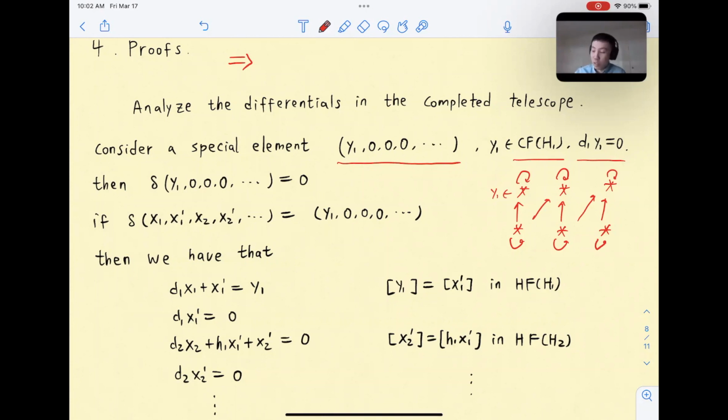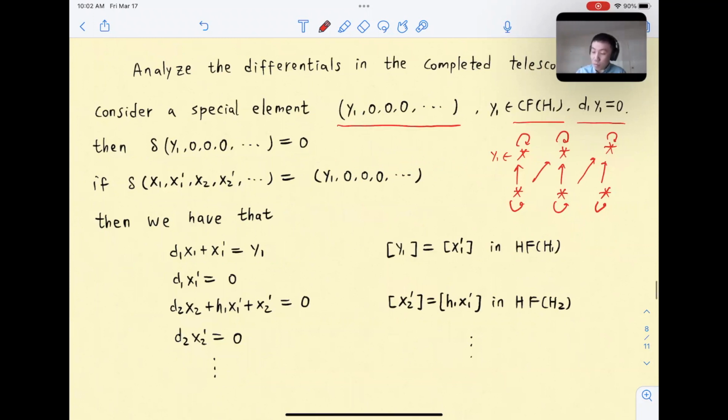By our assumption, the relative invariant vanishes, so it must also be exact. So there exists some primitive of this y1. Suppose x1, x1 prime, x2, x2 prime is a primitive of this y1. Then we get the following sequence of differential equations. In the first slot, we have this one, second slot this one. Then what does it say?